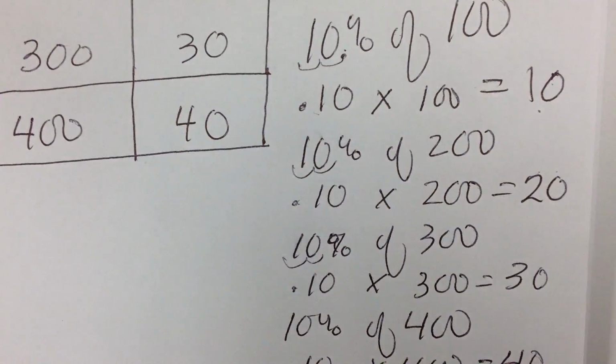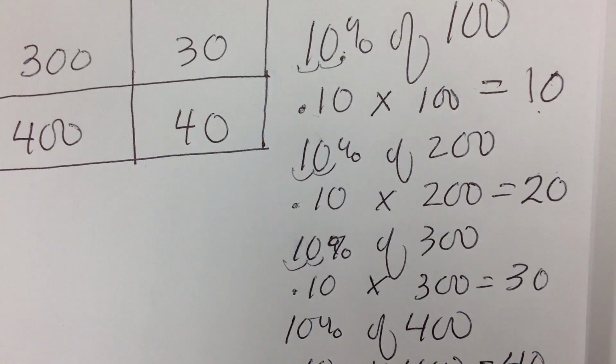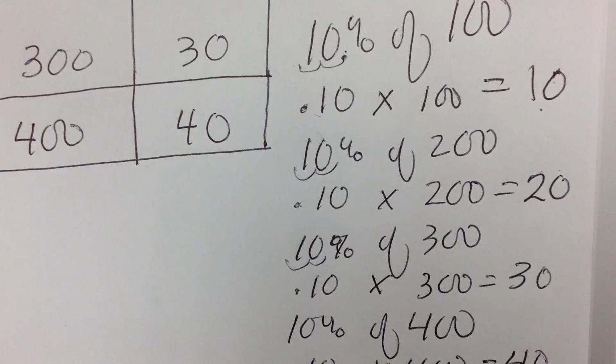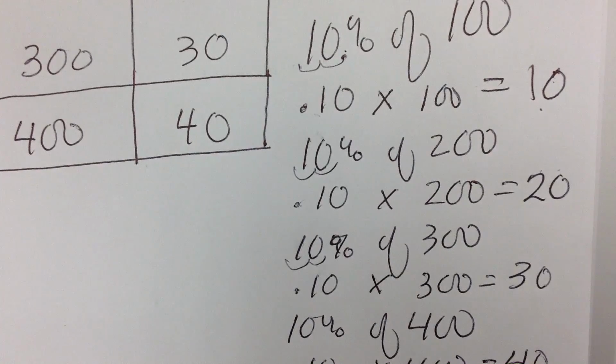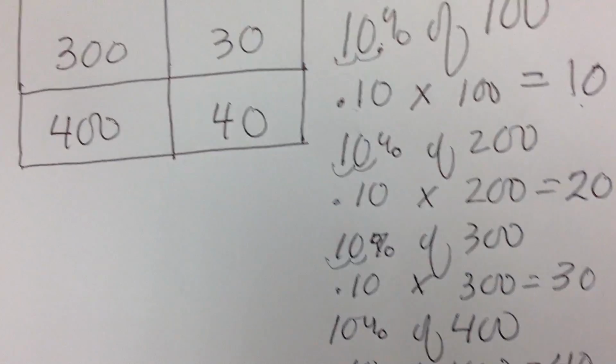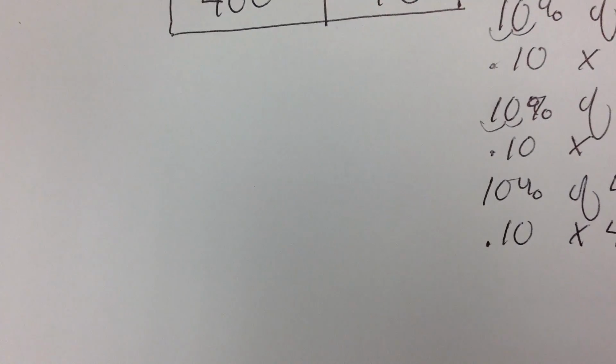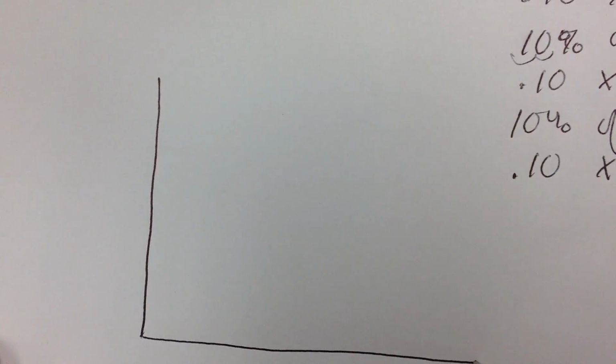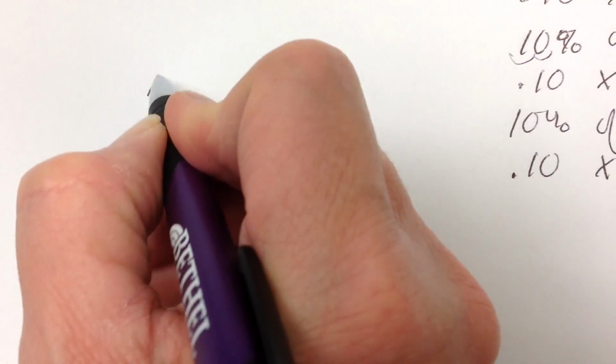So we have filled out a table of values to graph because we were told that each salesperson earns 10% commission on the sales. So, if we were to draw this graph, I'm just going to kind of freehand this one.